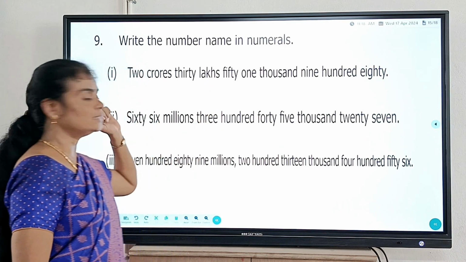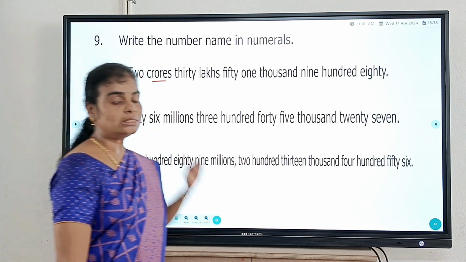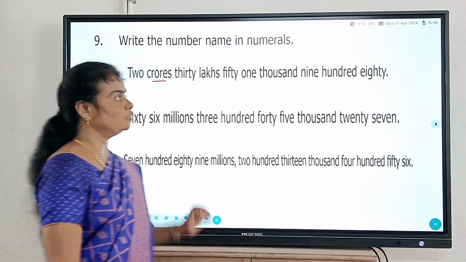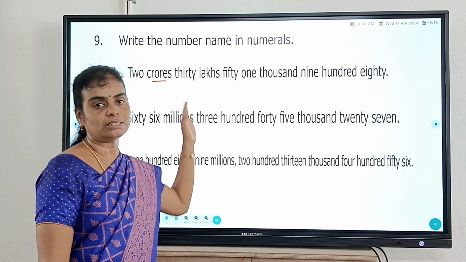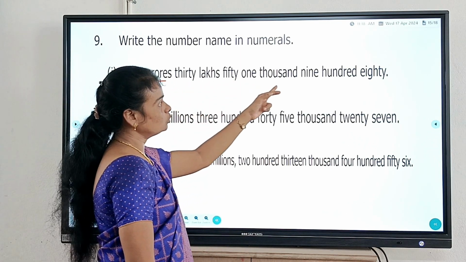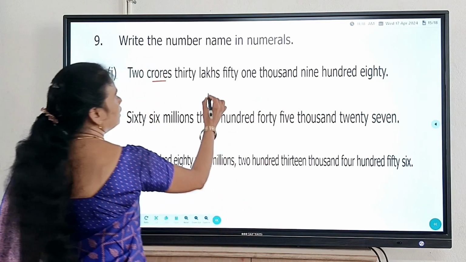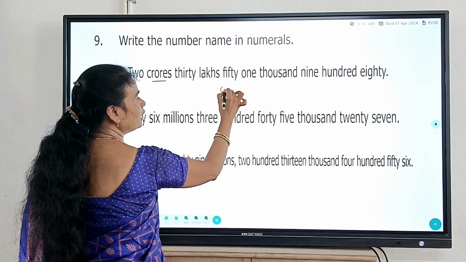And in this system, you can see the crores. So crores come in the Indian system. So you must write the number as per the Indian system by using commas here. So 2 crores 30 lakhs 51,980.